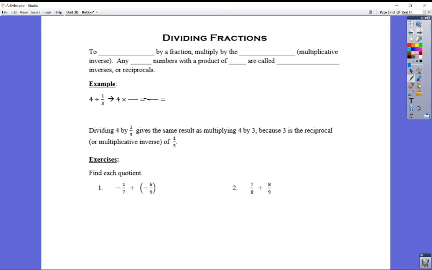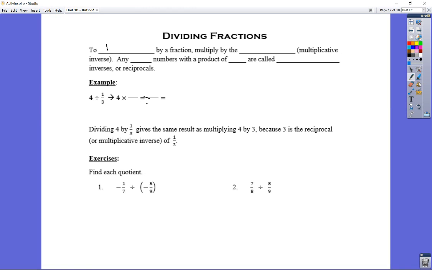Dividing fractions. To divide by a fraction, multiply by the reciprocal, or the multiplicative inverse.